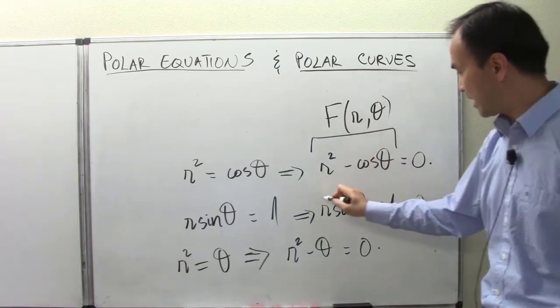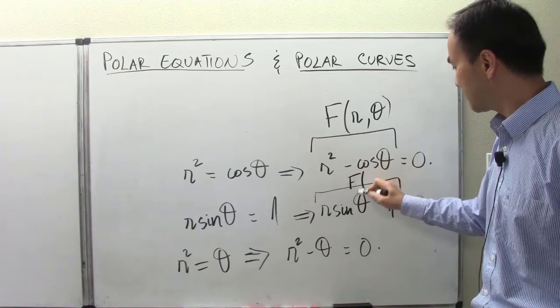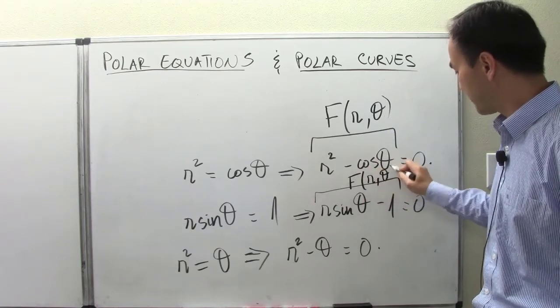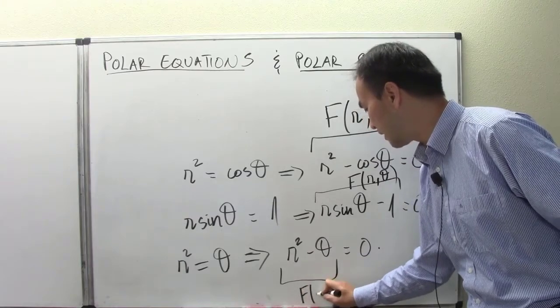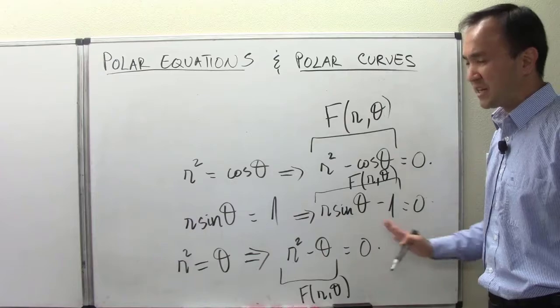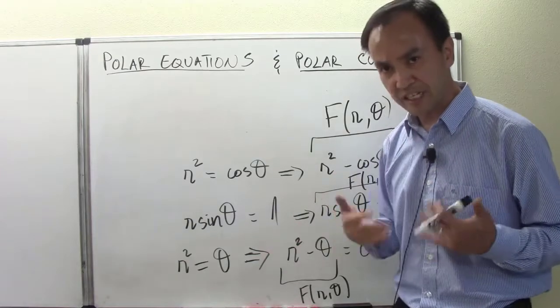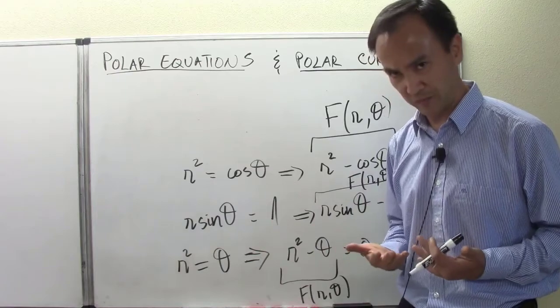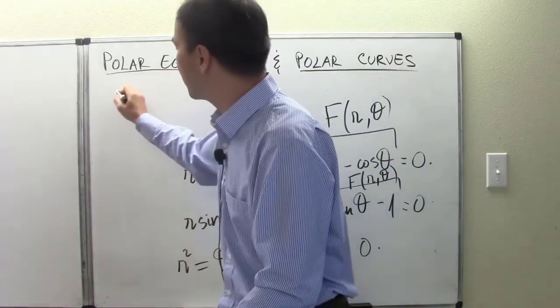The same way, this is another function of r and theta, and this left-hand side again is a function of r and theta. Generally speaking, the reason I'm pointing this out is that throughout many standard textbooks in calculus, a lot of times a polar equation can generally be represented.